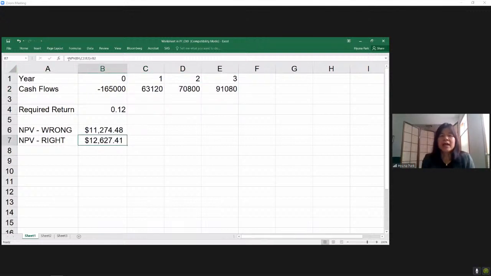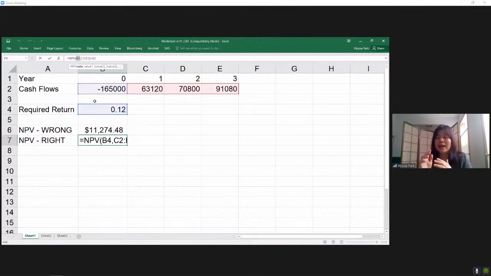So for Excel's NPV function, the rule is the first component is the required return, because NPV is the net present value. Meaning that future cash flows are discounted properly, and then we subtract the initial investment.